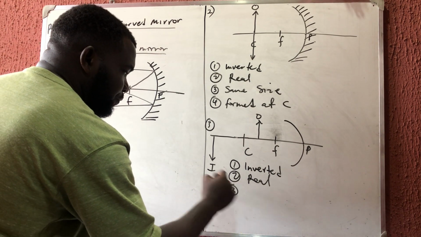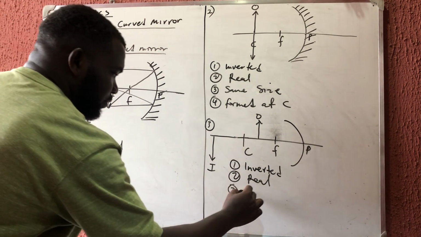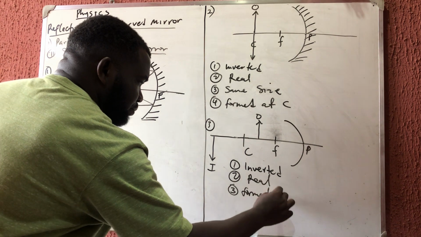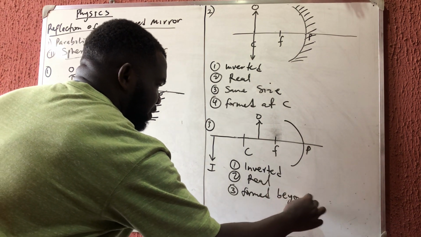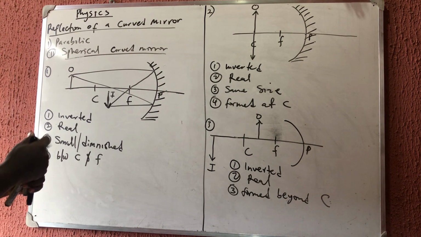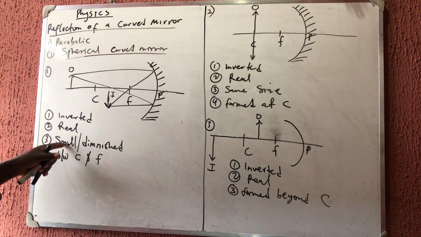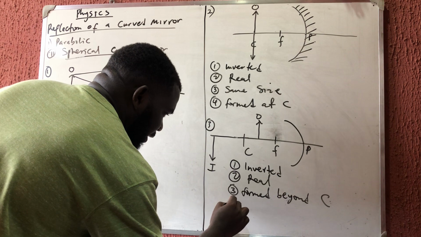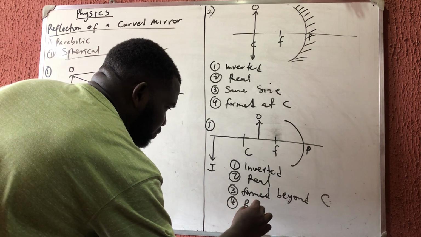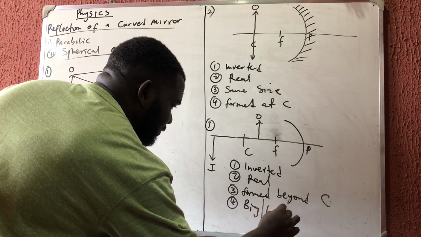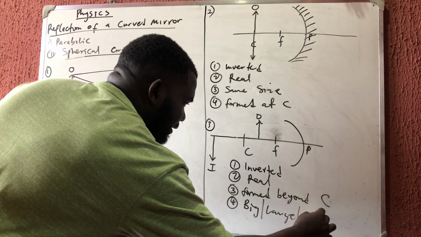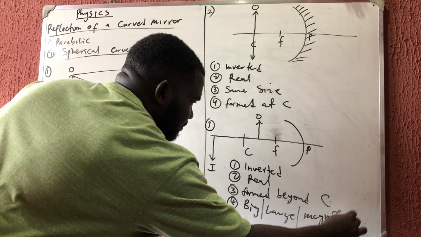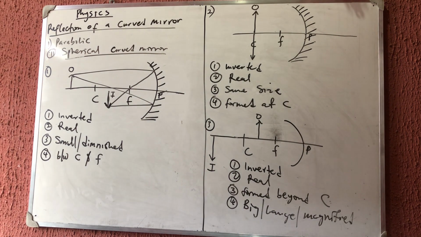Number 3 is going to be formed beyond your C. It will be formed beyond your curvature. And remember that the previous one was small, so this one is going to be large. It's going to be big or magnified. You can use the word big, or use the word large, or use the word magnified. Okay? You see, these are very, very simple.